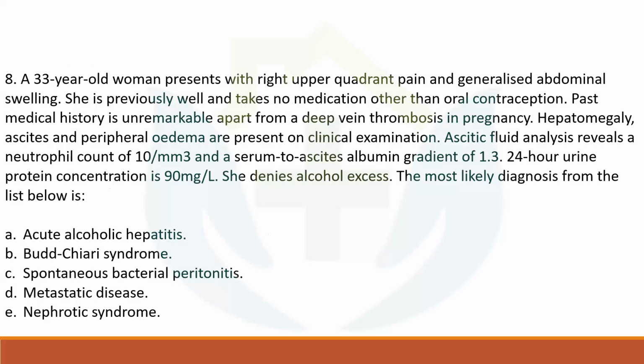Ascitic fluid shows neutrophils 10, serum ascites albumin gradient, SAAG, of 1.3, 24-hour urine protein concentration 90. She denies alcohol excess. The most likely diagnosis from the list below, you have to find the diagnosis. The options are acute alcoholic hepatitis, Budd-Chiari syndrome, SBP, metastatic disease, or nephrotic syndrome.